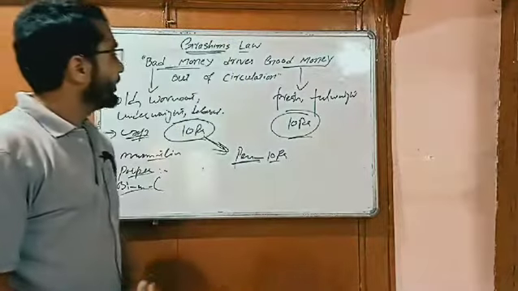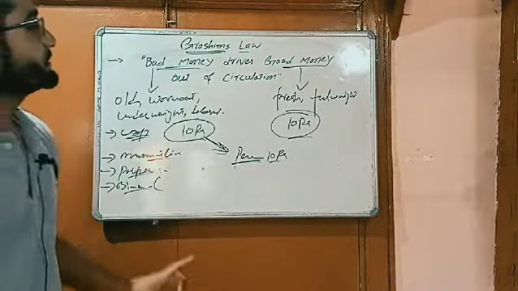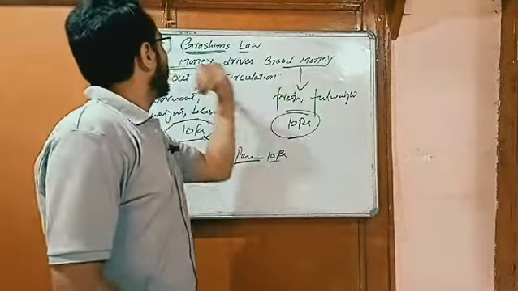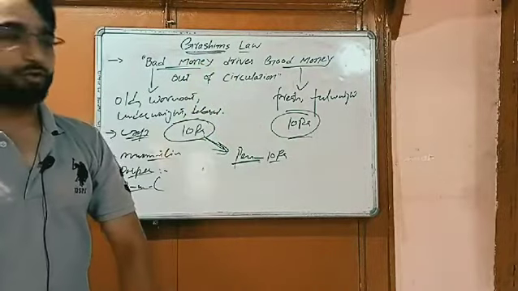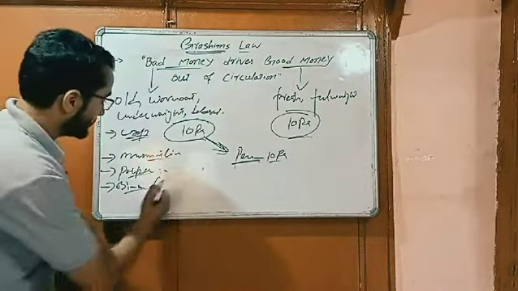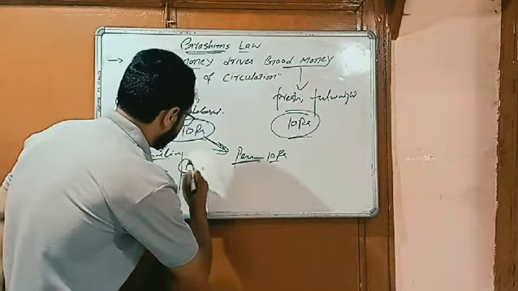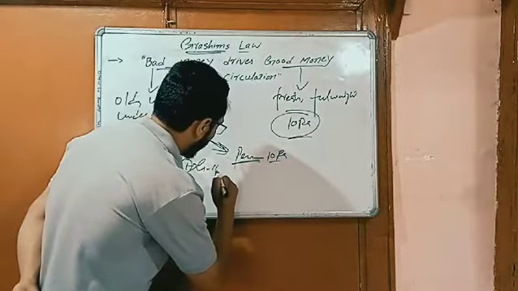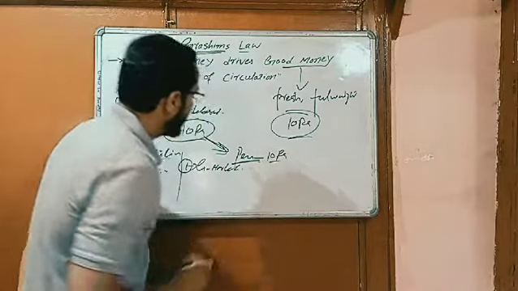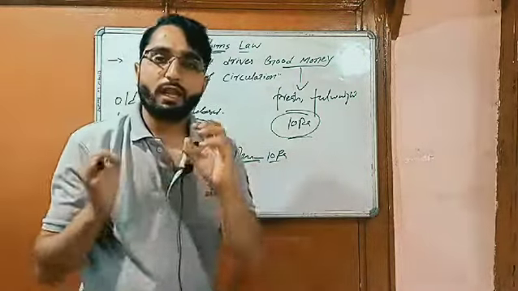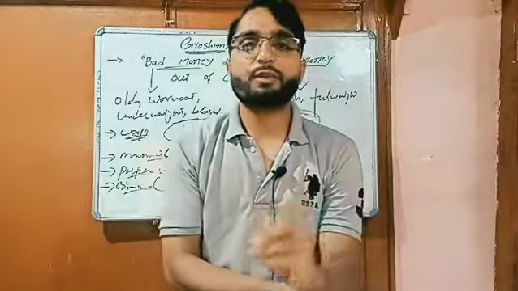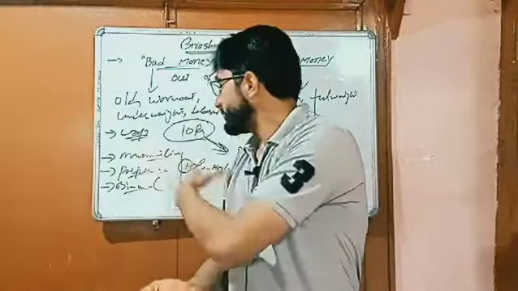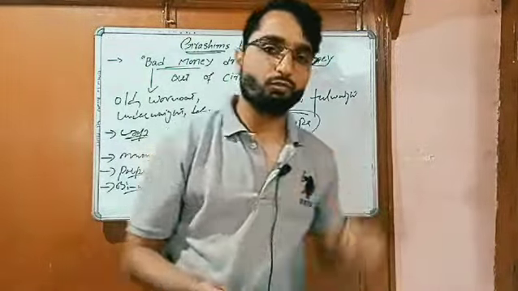Okay. Now Gresham gives some reasons why bad money drives good money out of circulation. So reason number one, he says that good money is hoarded. People hoard this good money. People love to keep this good money in their pockets. They want to save this good money. Okay, number one.